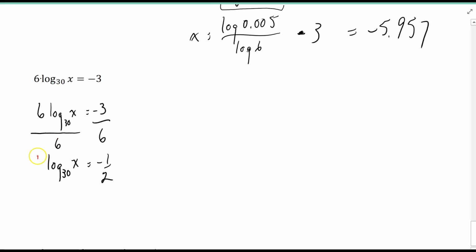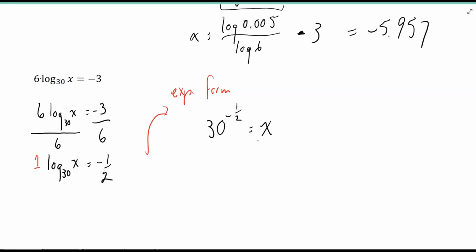Now I have coefficient 1. I can change to exponential form. And I will say then 30 to the minus 1/2 is equal to x. Using the calculator in this exponential form, we evaluate this exponent, 30 to the power of minus 0.5 or minus 1/2.